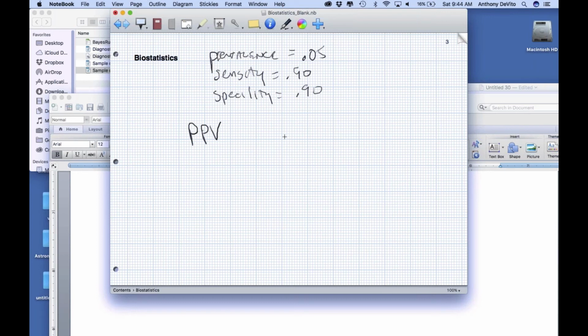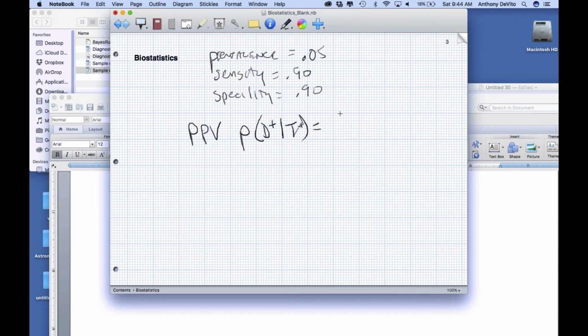Well, we know the positive predictive value, which is the probability that you have the disease given that you've tested positive, just putting that in there so we get a little bit of comfort with that notation, is equal to, well, what's it going to be equal to?